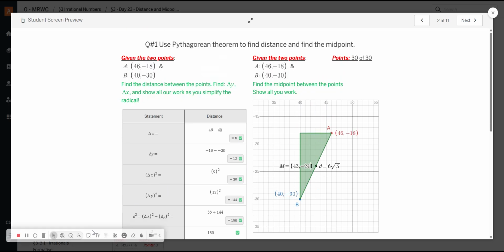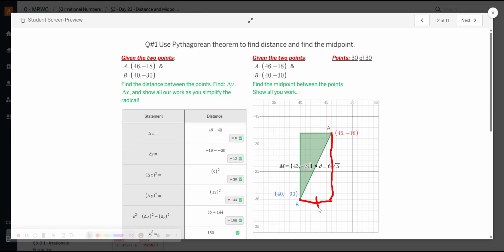Okay, so now let's go over the midpoint and the distance. You're obviously using the Pythagorean theorem as we did with many examples in class. But the midpoint, what is the midpoint all about? Well, if you draw a box like this, right?